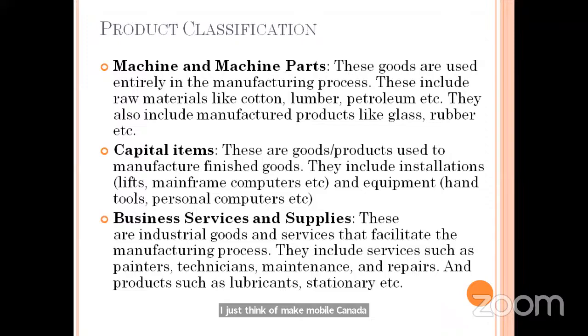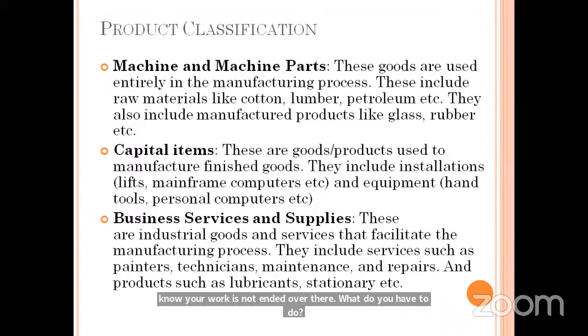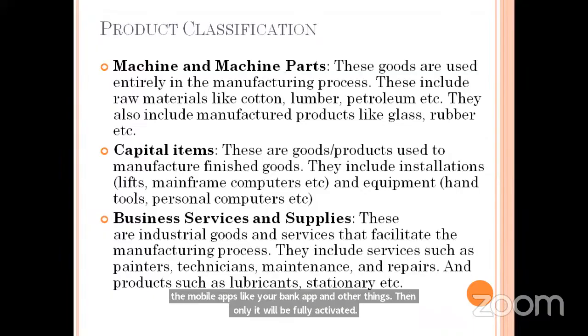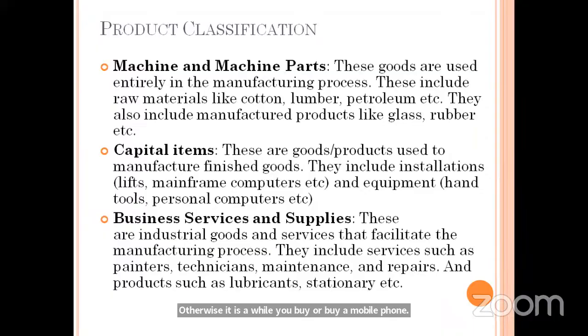No, your work is not ended over there. You have to install the software, you have to install your PhonePe, Google Pay, then you have to install mobile apps like your bank app and other things, then only it will be fully activated. Otherwise, when you buy a mobile phone, it is not fully activated. Got it? So that is called capital items.